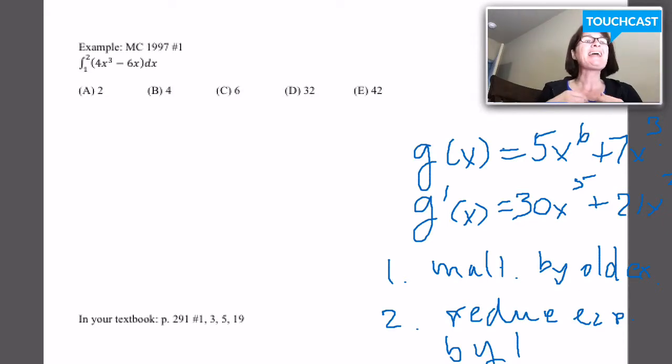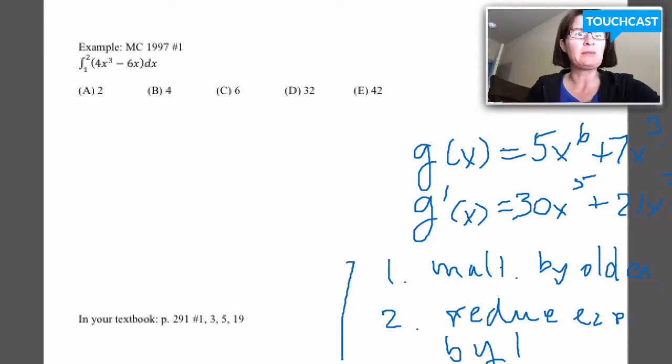So to find an antiderivative of a polynomial function, for each term in the function, I'm going to increase the exponent by 1. I'm undoing these steps in backwards order. I'm going to increase the exponent by 1 and divide by that new exponent, because increasing by 1 undoes reducing by 1, and dividing undoes multiplication. So increase the exponent by 1 and divide by the new exponent.